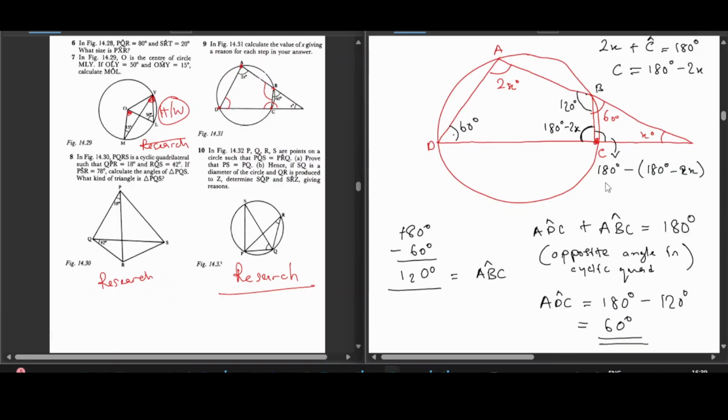So this is 180 minus 180, and minus times minus becomes plus 2x. 180 minus 180 is 0. So the angle is 2x. This is beautiful. So we see the angle is 2x.